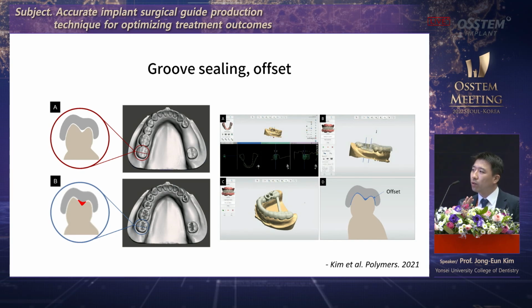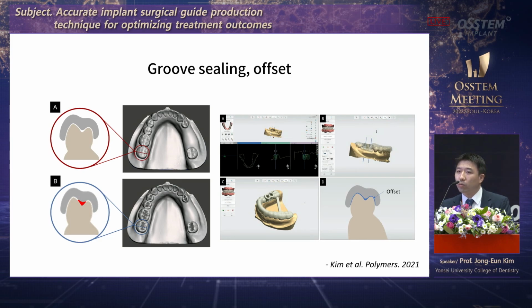When you take oral scans and take impressions using silicone, the grooves are very accurately recreated. But when we use 3D guide designs, if there is a little bit of error in the groove, the overall error of the template increases drastically.